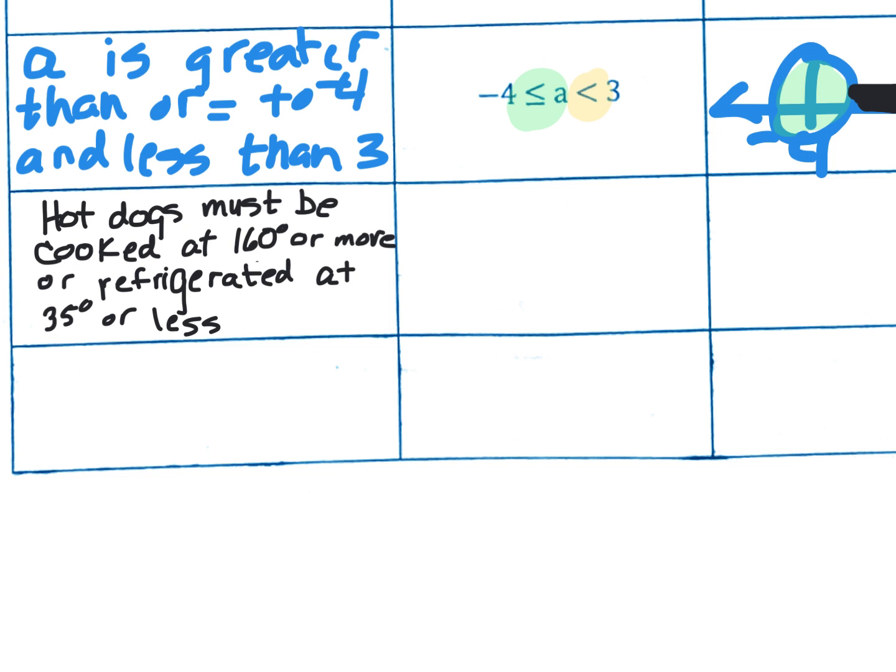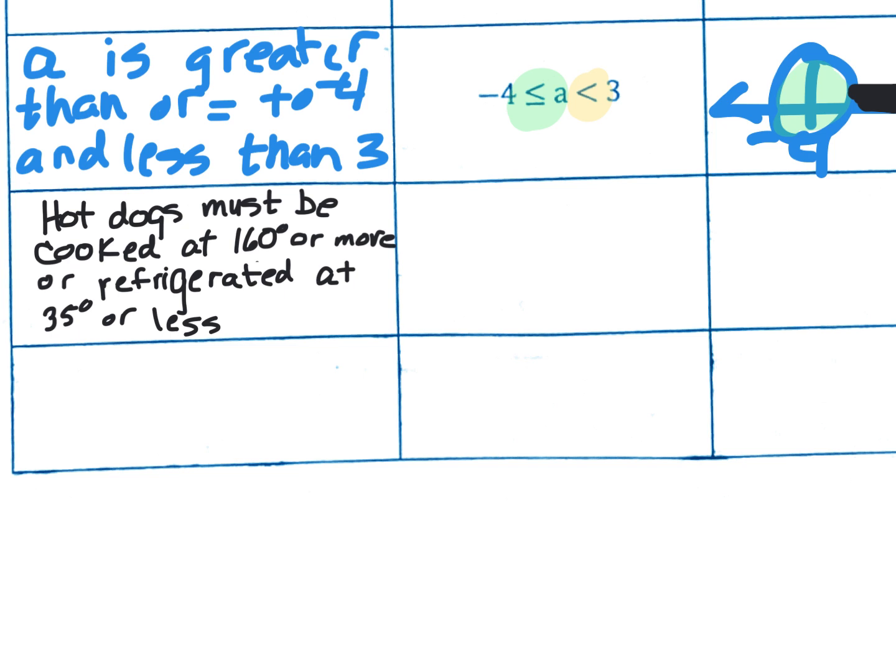You leave them sitting out, that's when there's trouble. But as long as they're cooked and hot, or they're refrigerated, cold, now can you be hot and cold at the same time? Unless you're an old lady like me that's going through the change, but mostly that's not normal, right? So that means that this inequality is going to involve two pieces because you can't be hot and cold at the same time.